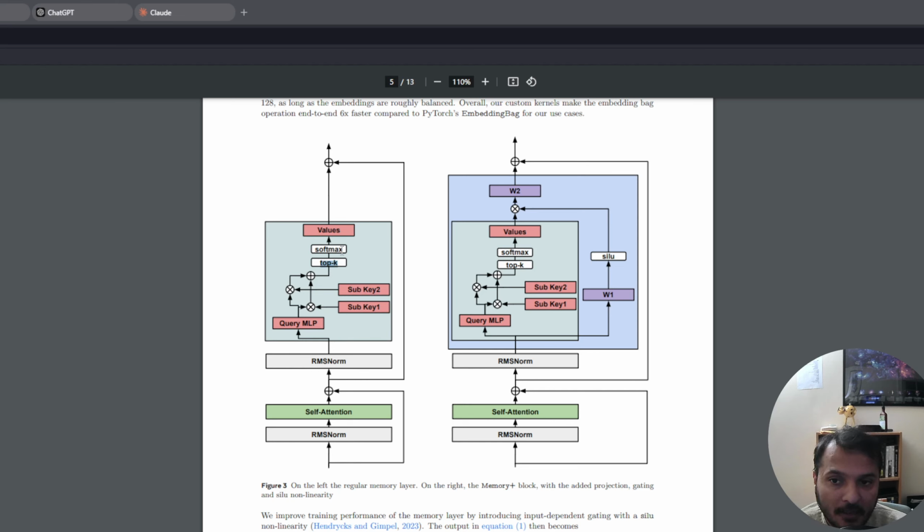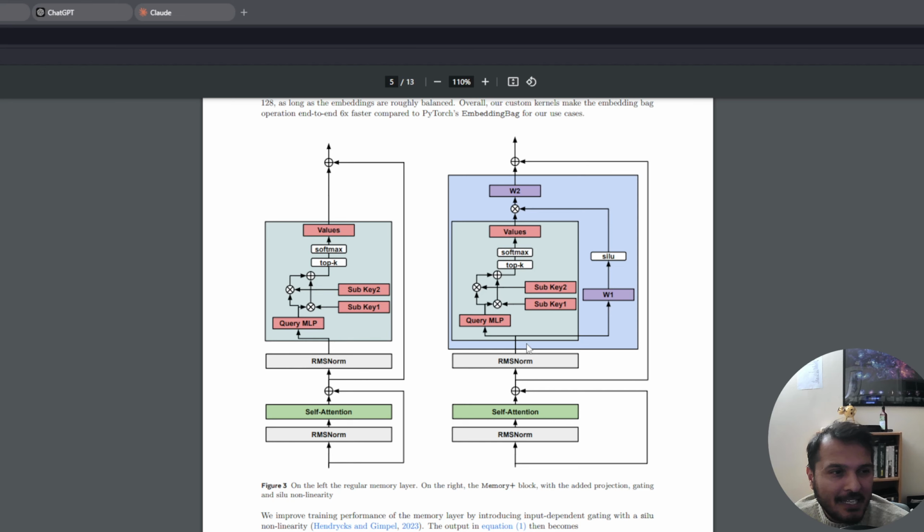Then they find the top K, do the softmax, and find the values. That is it. You replace the standard MLP with this. They found that this doesn't work very well in practice, so you really have to put back this SiLU and do an element-wise combination here. But for this, it seems to work.